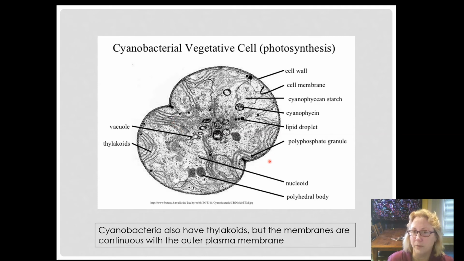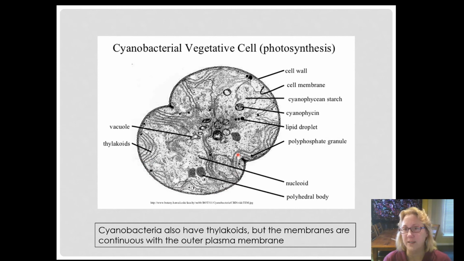If you remember when we talked about prokaryotes, I said that the vast majority of prokaryotes do not have any internal membrane structures. Well, the cyanobacteria are an exception to that. They in fact do have foldings of their membrane, which we can see here. And we call those thylakoids, and they are in fact connected to the outer membrane of the cell.